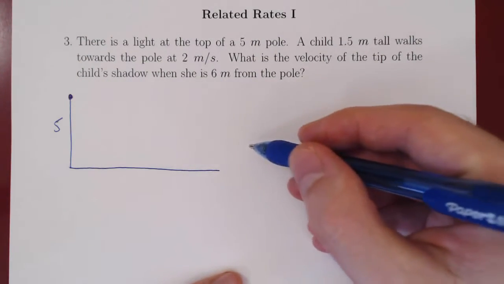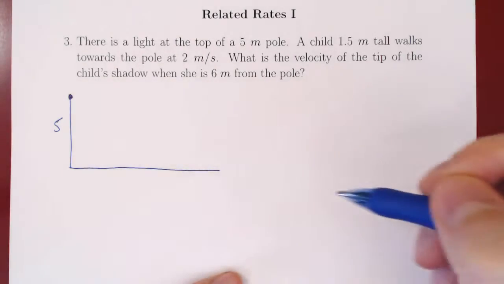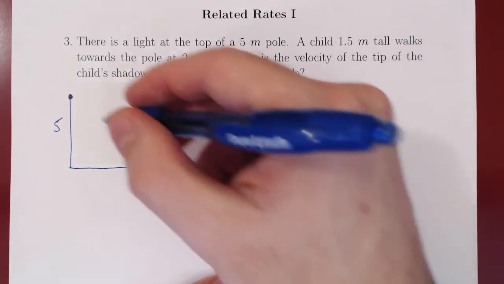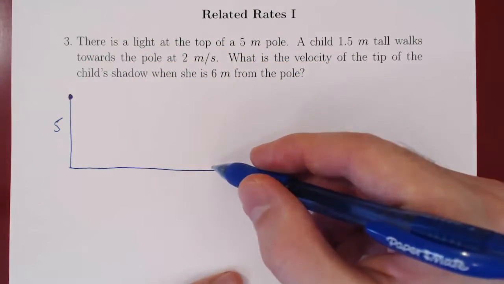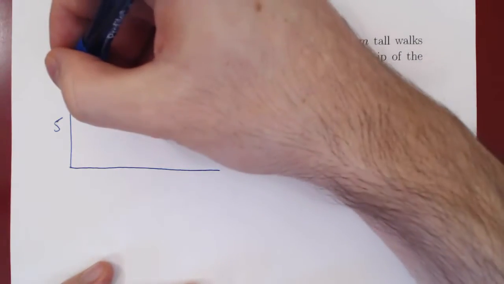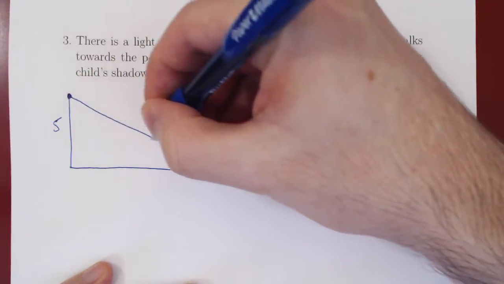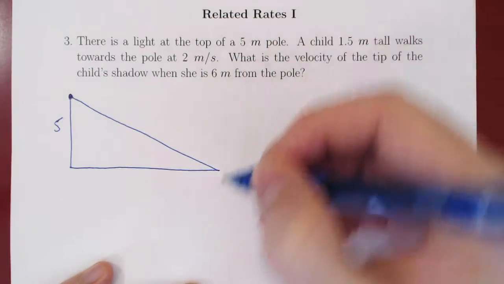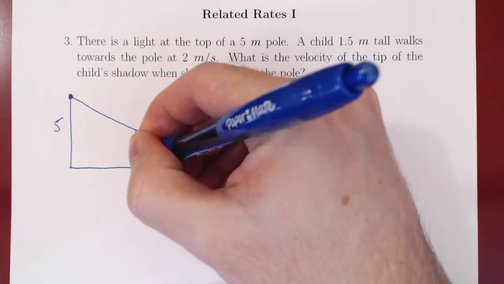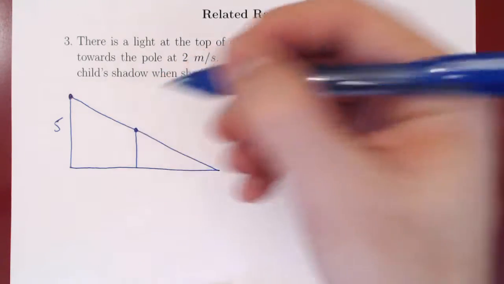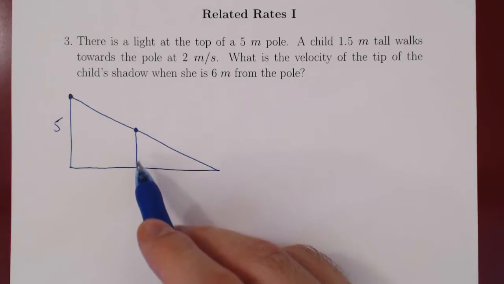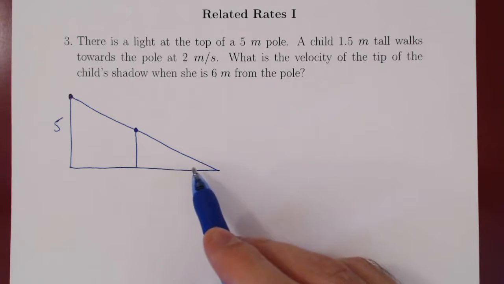Now we have a child walking towards the pole. So imagine the child is standing here and the light will shine on the child and create a shadow. Imagine that this is the child right here. That's the child's head. And you can see that the light will be shining on the child, and this will be the shadow of the child.